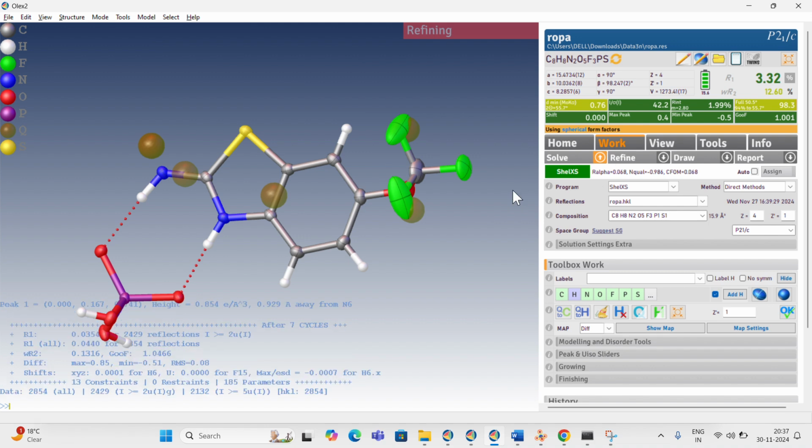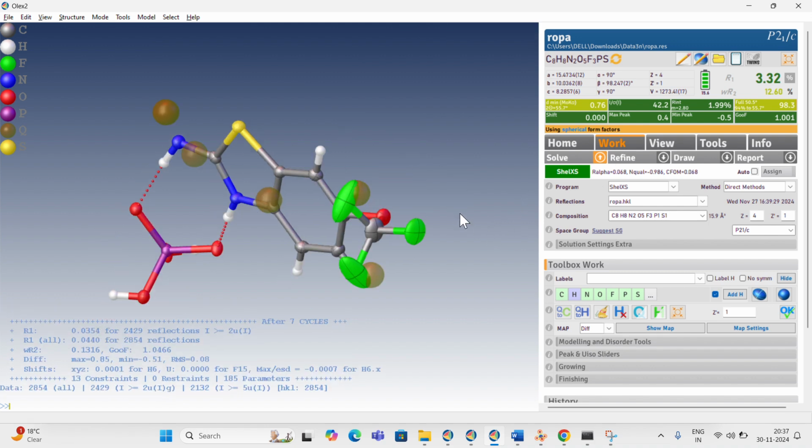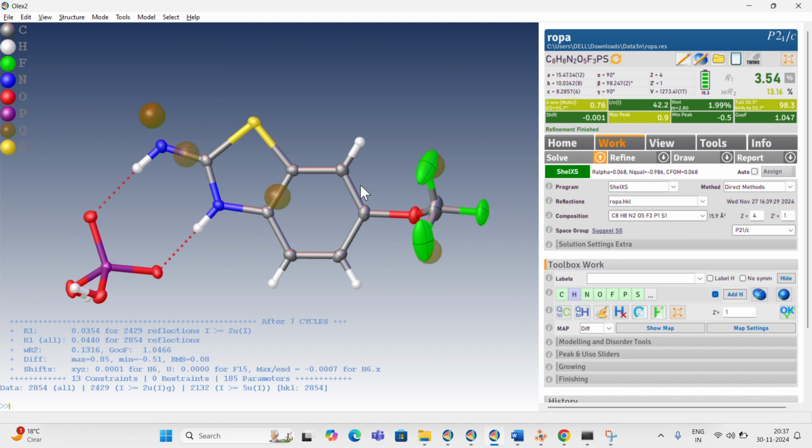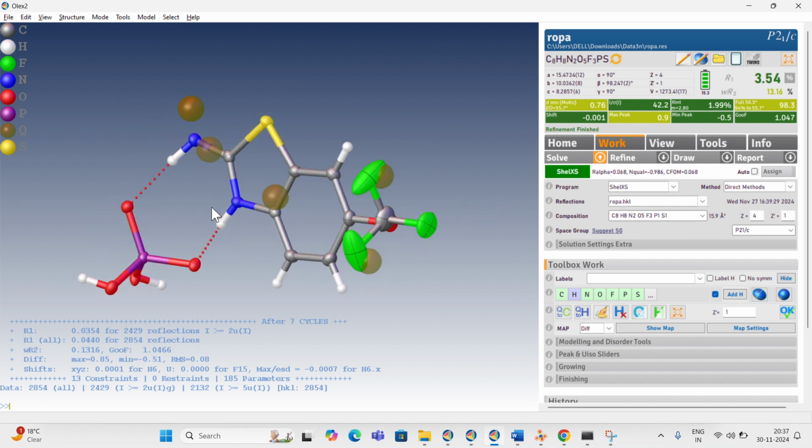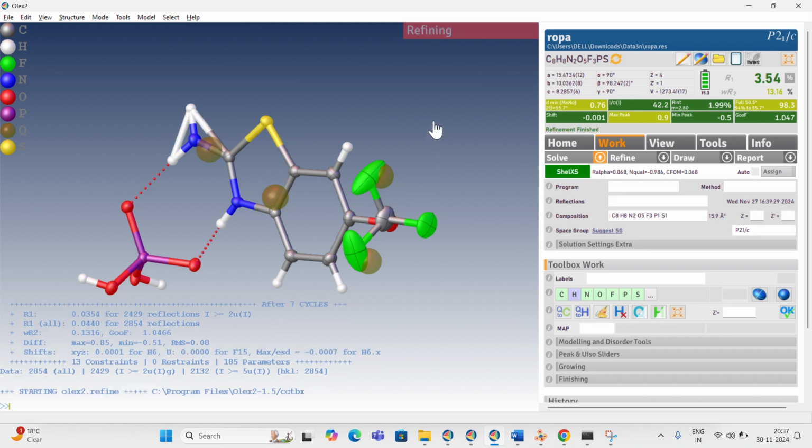Now, no, this has increased the R factor, so this is also hydrogen. Now we can use the refine.